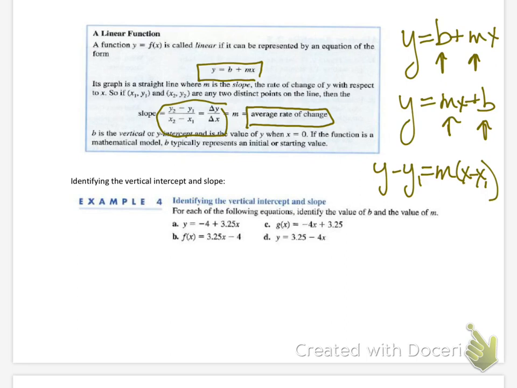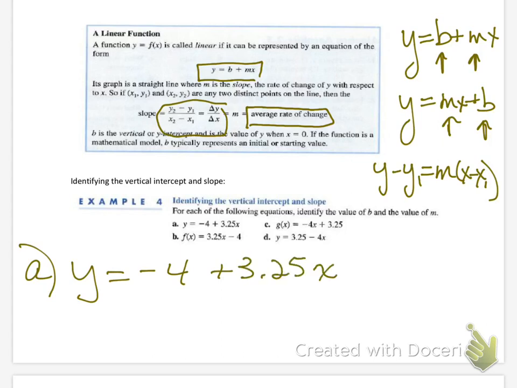In example 4, they want us to identify the vertical intercept and the slope. In A, we'll do a couple of these together. If this is your equation, the coefficient of x is always your slope, and the constant is always your y-intercept.